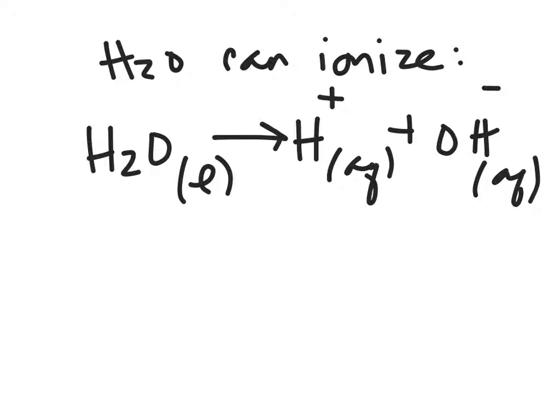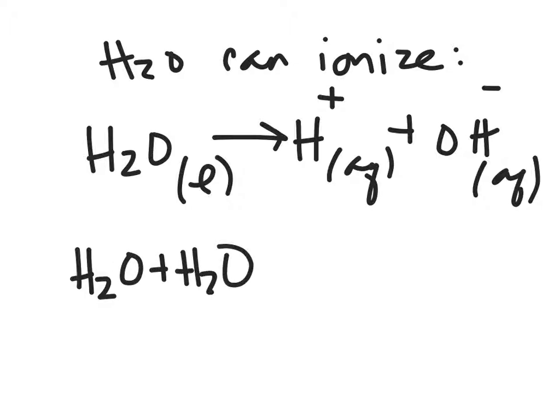We can also write that as a chemical reaction between two water molecules, where one water molecule is functioning as the acid and one water molecule is functioning as a base. If we look at it this way, we're going to transfer a proton from this water molecule over to this one, so that would make this molecule the base and this water molecule the acid.